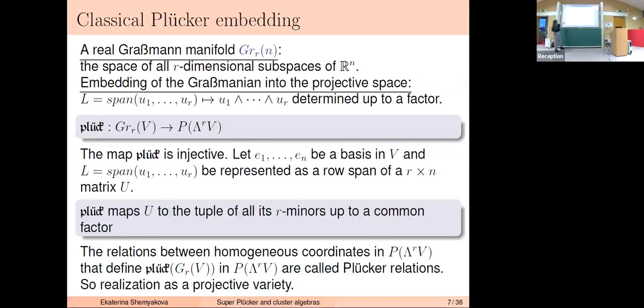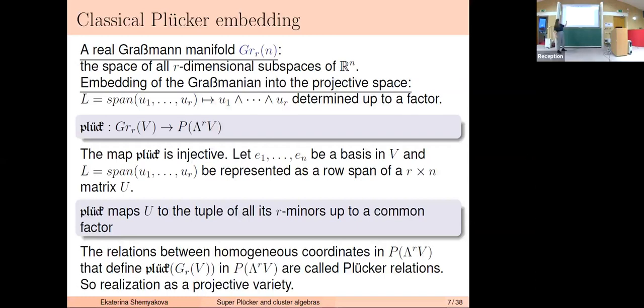Then what does it mean that the map Plücker maps U? Again from linear algebra, in the exterior r-th power of the vector space V, the basis is going to be e1 wedge e2 wedge dot dot dot er, and so on, all kinds of wedges like this.